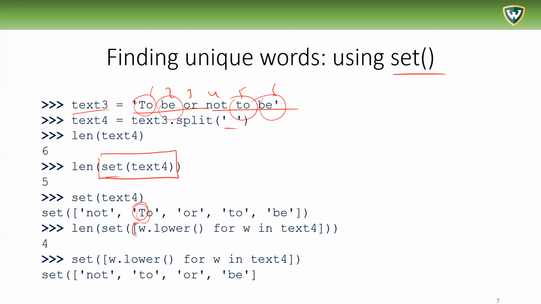This can be used too, and we may use this in one of our exercises. Lowercased item for each item in text4. And then if you apply the unique, it reduced from 5 to 4 because now the "to" and the "To" are matched and the "be" are matched. And you can see here, not, to, or, be.